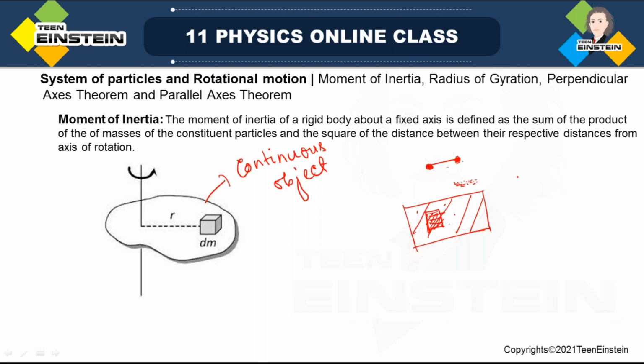You have to take an area, and in that case we defined mass density. In the case of this kind of continuous mass distribution, we took an elemental mass.